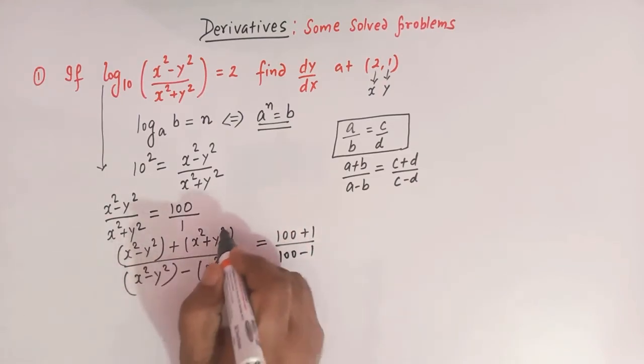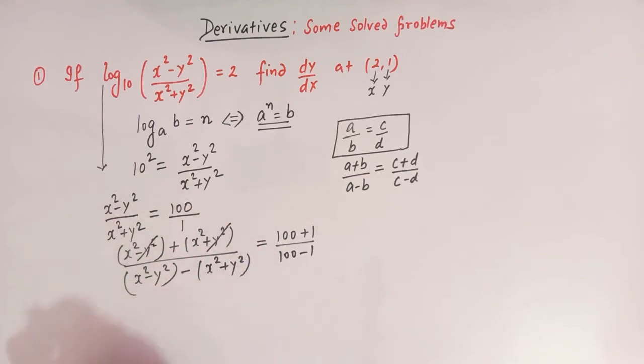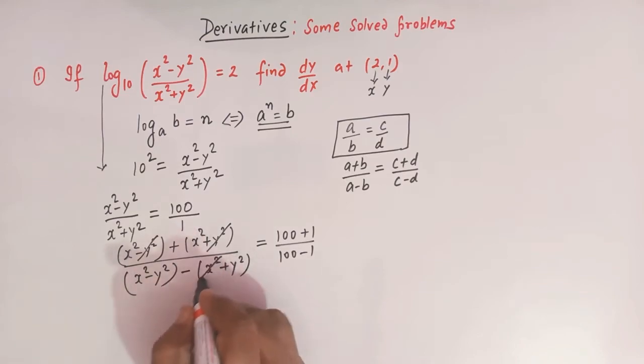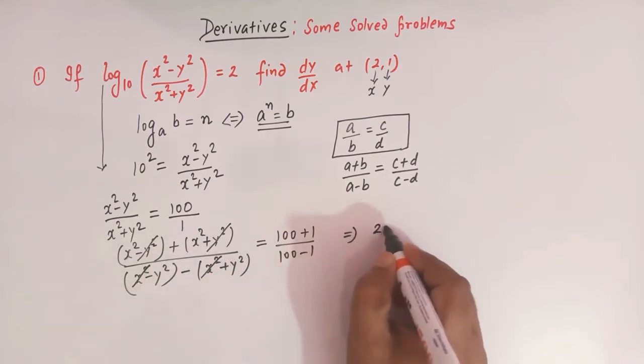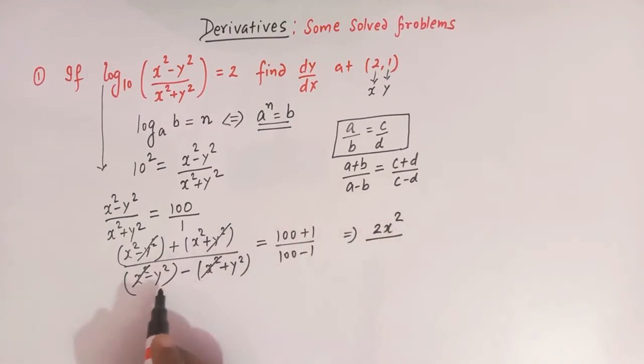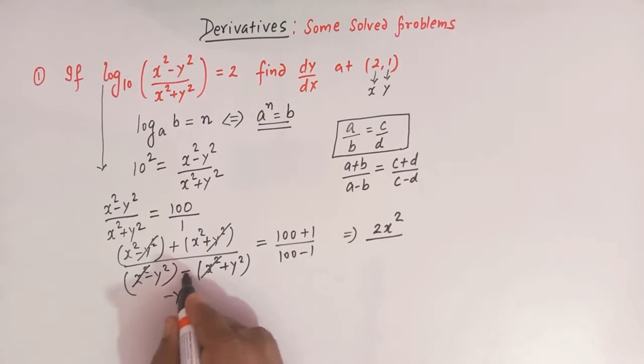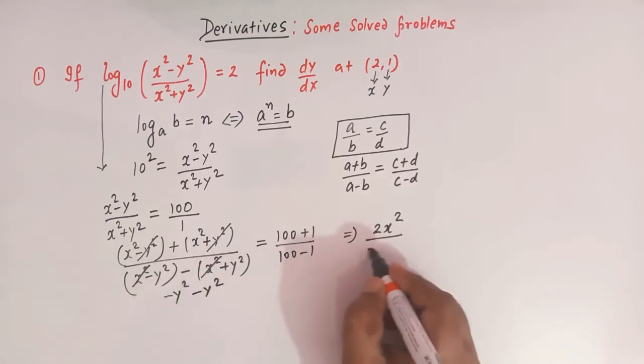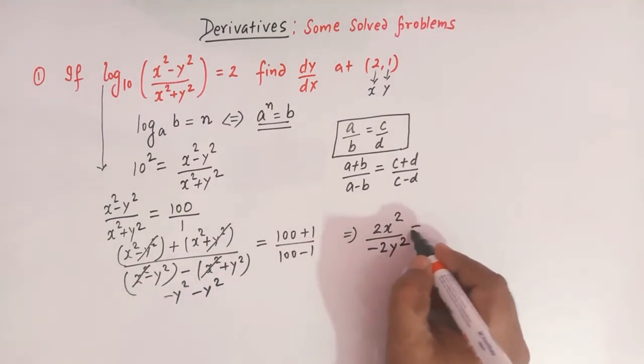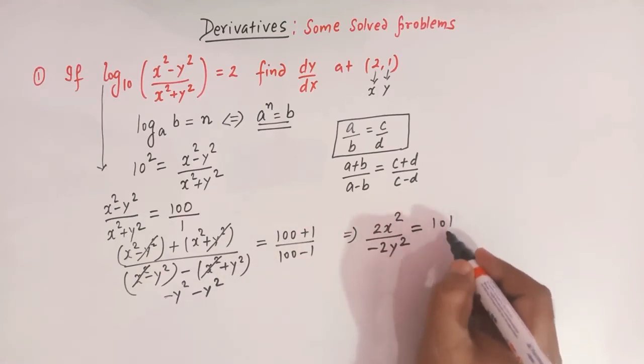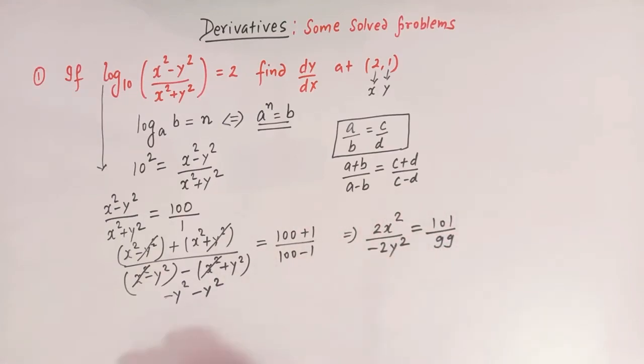So now y square and y square get cancelled, and x square and x square get cancelled. So here we have 2x square, and in the denominator we have minus y square and minus y square, so this is minus 2y square, and here we have 101 over 99.